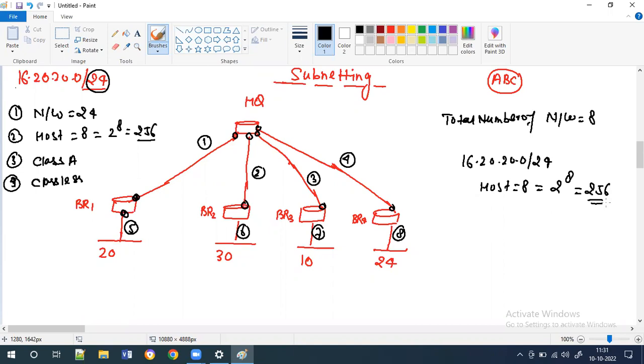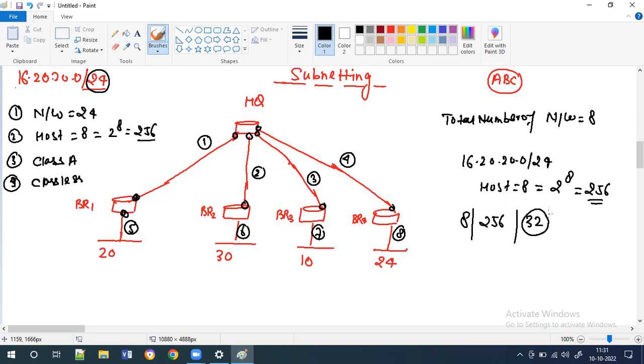So what I will do is divide this by 8. 256 divided by 8 would come to 32. Right? So this total of 256 IP addresses, I am now dividing into blocks of 32.